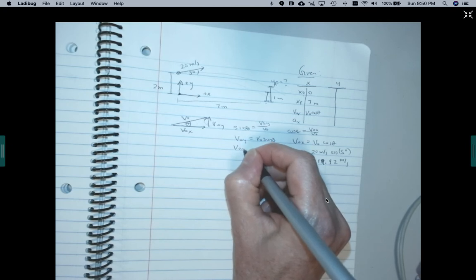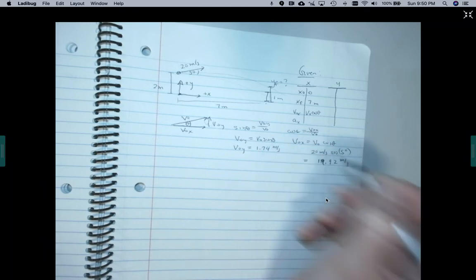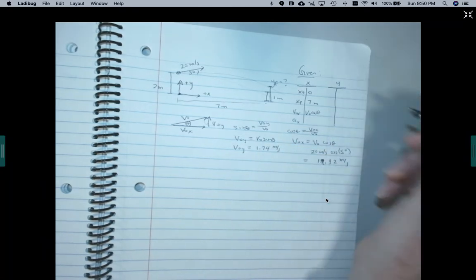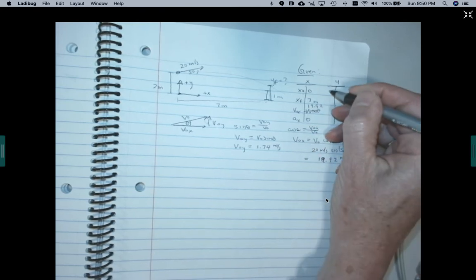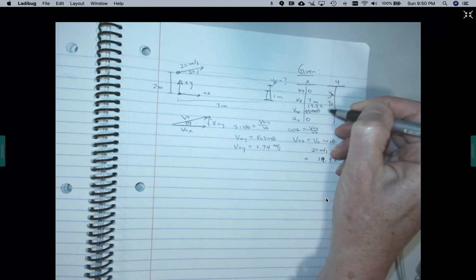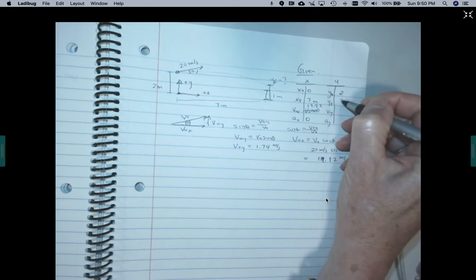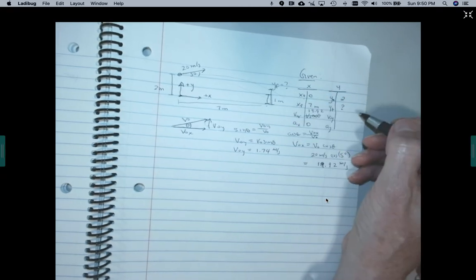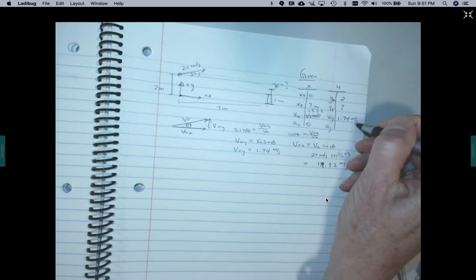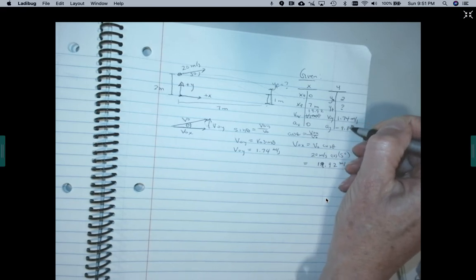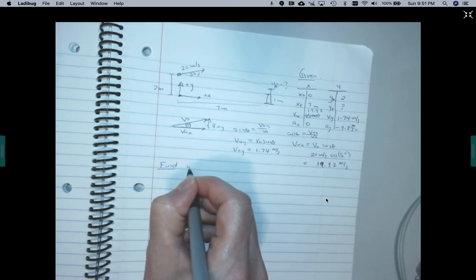And then v0y is going to be 1.74 meters per second. So we can put it in here, 19.92. The acceleration in y is negative 9.8 meters per second squared, y0 is 2, and we don't know y final, but we're going to compare it to the 1 meter net. Our initial y velocity is 1.74 meters per second, and we want to find y final.